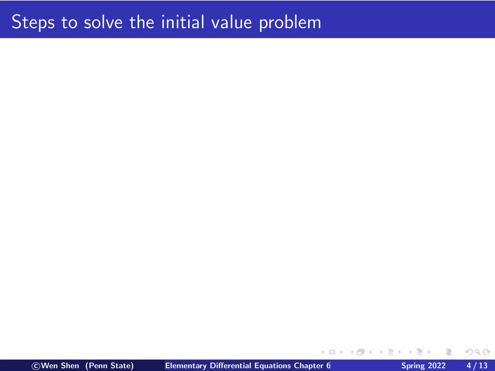Okay, with the claim proved, we are now ready to design an algorithm to solve the initial value problem. First step, find the eigenvalues of A, call them lambda 1 and lambda 2. Here we are focusing on a 2x2 system, homogeneous.